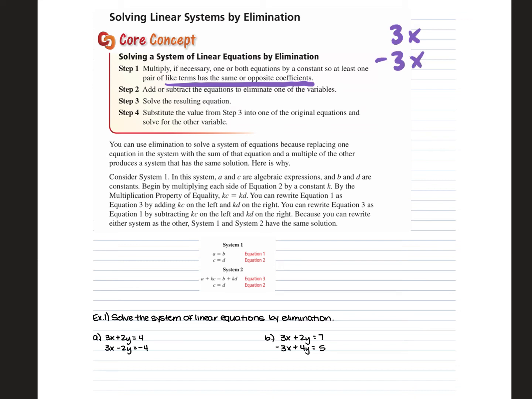So one of your variables is always going to be eliminated because you're going to have the same number but opposites, meaning one will be a positive and one will be a negative. And that will be the variable that we eliminate.